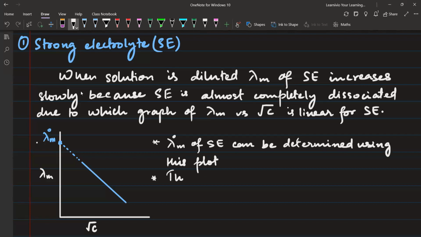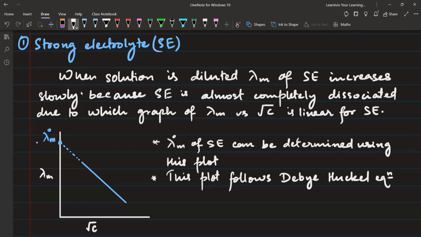This plot follows the Debye-Huckel equation. The Debye-Huckel equation is: molar conductivity at a particular concentration is equal to the limiting molar conductivity at infinite dilution minus the constant B root c.